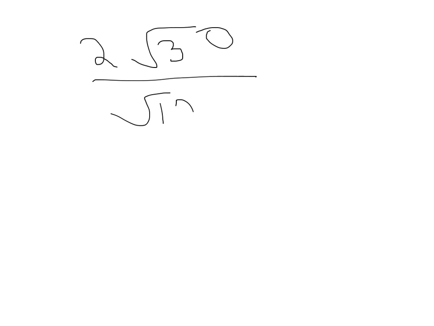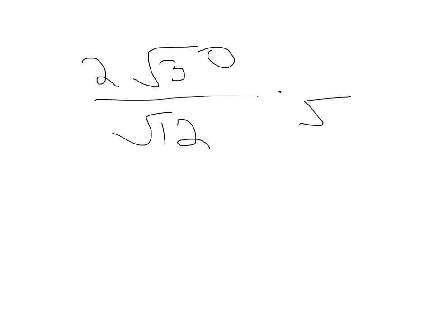Now we go back to the original problem with the simplified version. Since you cannot have a radical on the bottom of a fraction, you have to multiply by the same radical to get rid of it. So it's the square root of 12 that you multiply by, and the top half has to be multiplied by the square root of 12 as well. There we go.